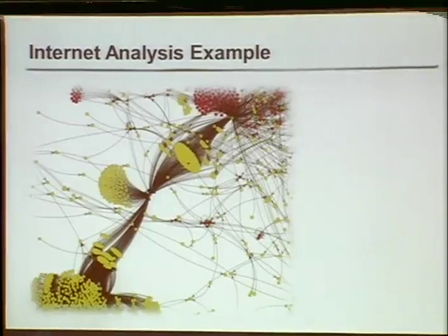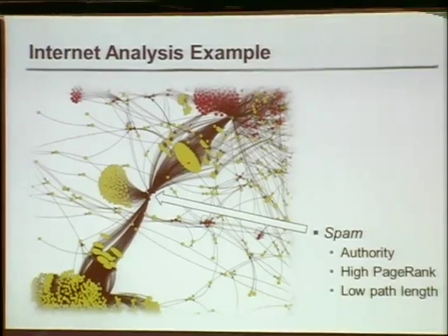As a brief example, consider this where we see all those yellow nodes with links going into the red node that's kind of in the middle. That is a spam domain, and that's why there's so much feeding into it from all over the place.